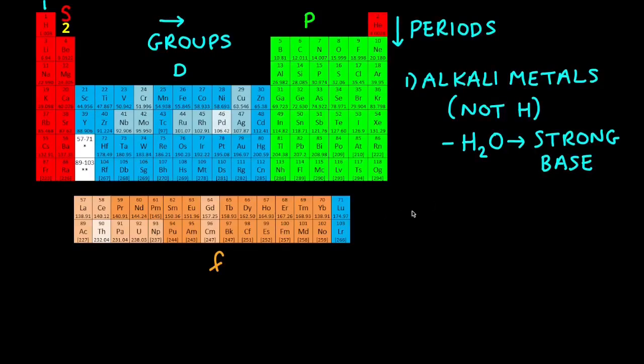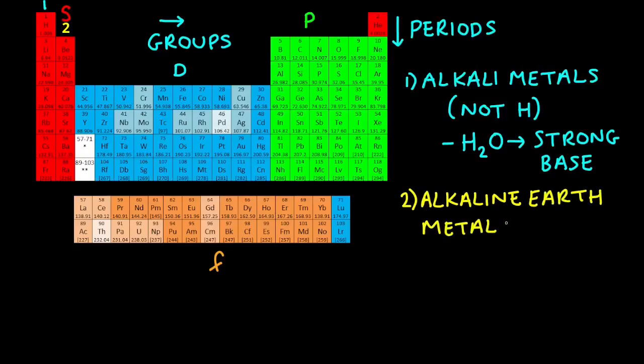Now group 2 are the alkaline earth metals. And these exist in the Earth's crust and react with water to produce hydroxides, which are alkaline in nature.